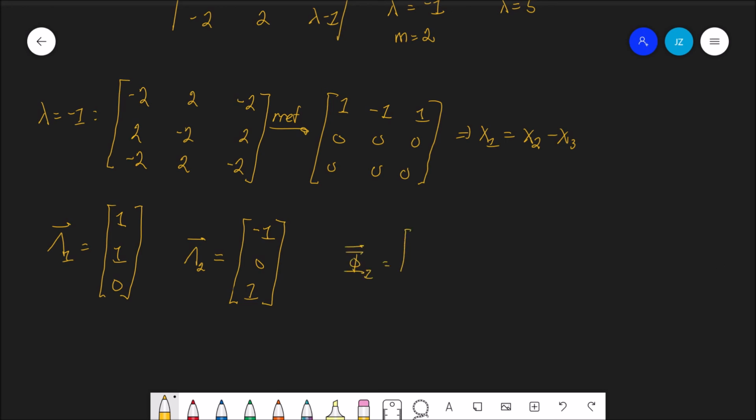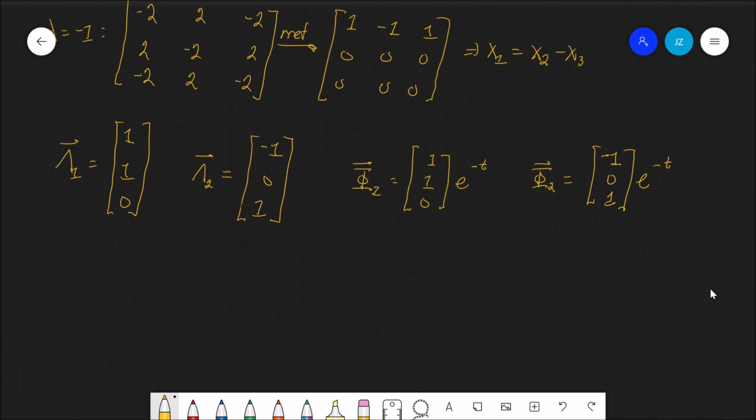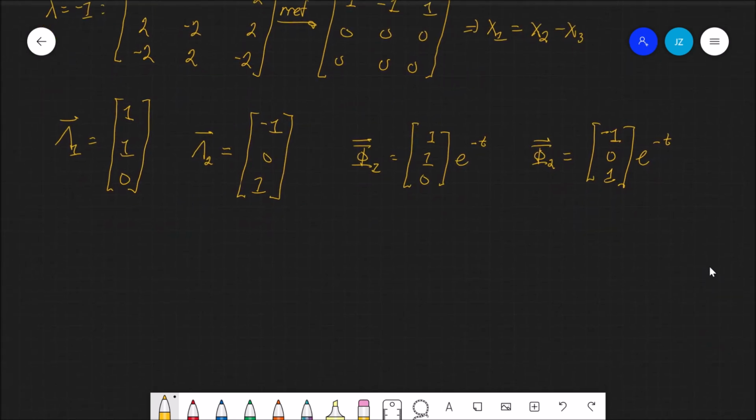Phi1 is 1, 1, 0, e to the negative t, and then Phi2 is negative 1, 0, 1, e to the negative t. Then we just have to find the eigenvector associated with lambda equals 5.